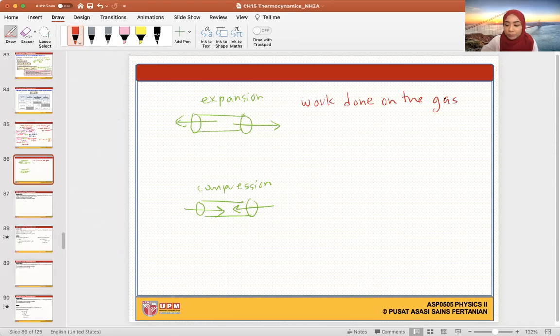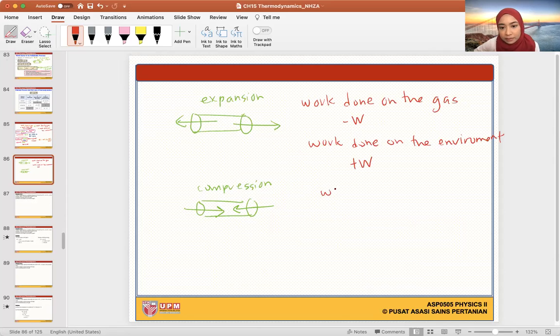I know that when my gas expands, my gas is actually pushing the walls, which means that my gas is doing work on the environment. So work done on the gas is negative, but the work done on the environment is positive.